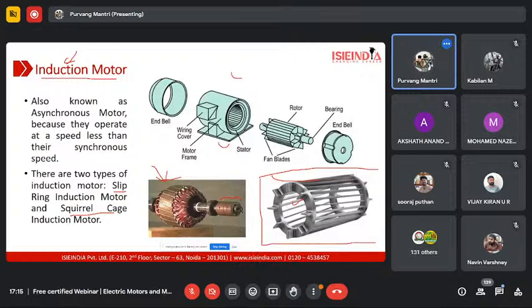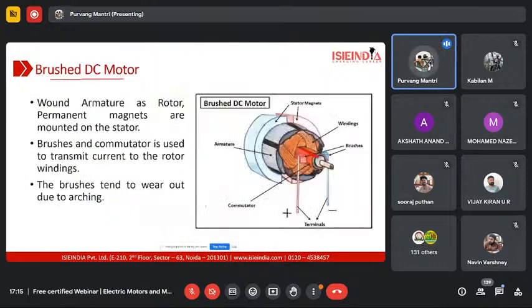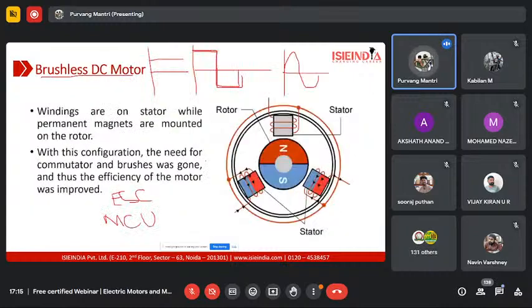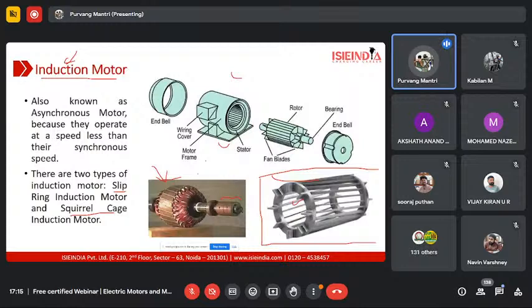I would like to point out a difference here. In the brushed DC motor, we were using something called a commutator, while in the slip ring induction motor, we are using slip rings. The reason is that in DC motors we are using direct current, while in this induction motor we are using alternating current.